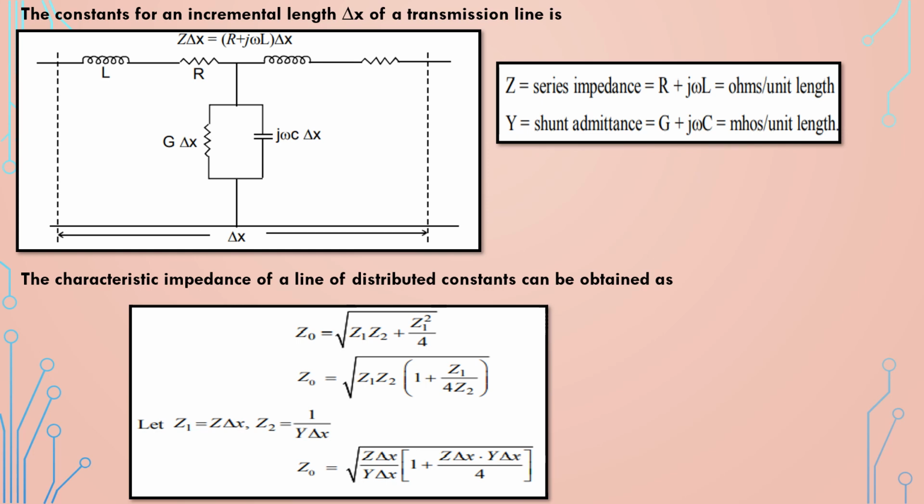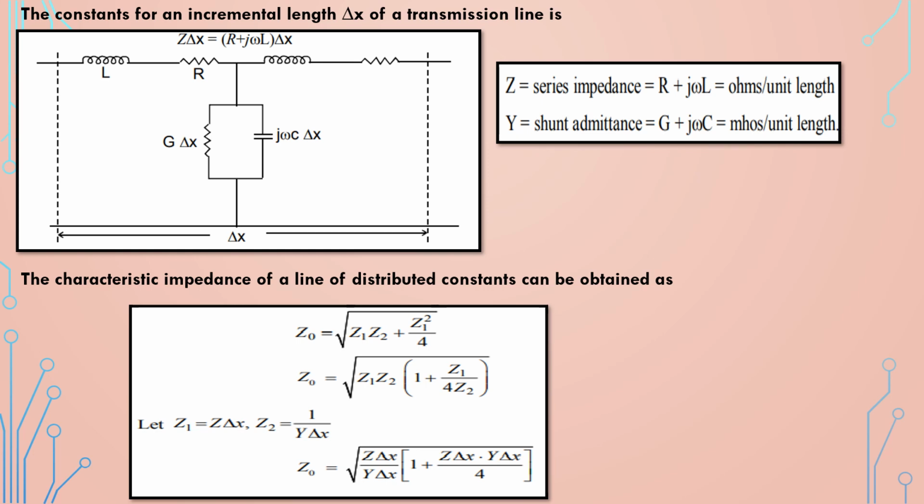Now what is Z1? What is your series arm? Z into del X. What is your shunt arm? This is impedance; in terms of admittance, what will I have? 1 by Y into del X. Now replace Z1 by Z del X and Z2 by 1 by Y del X.